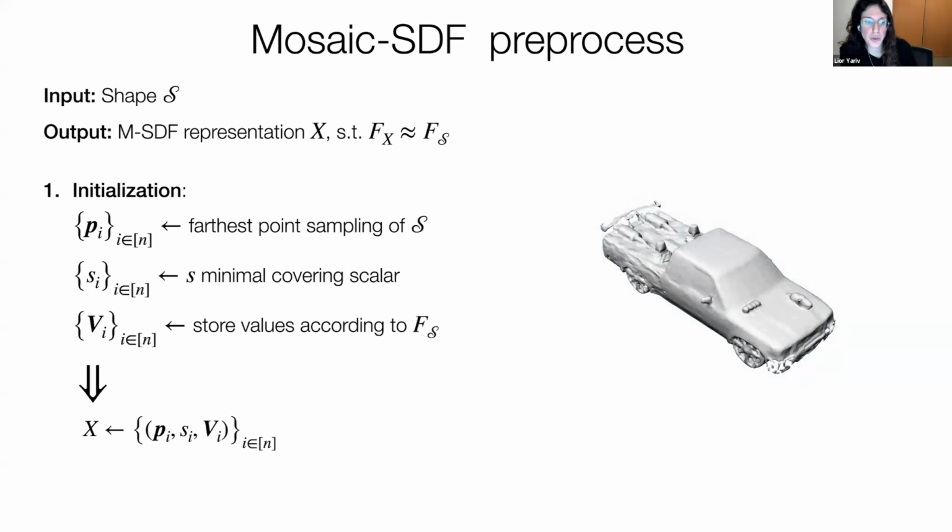However, if you evaluate what the zero level set of this representation looks like, this is what you get. It is somewhat similar to the initial curve, but it's not a very good approximation like we have in the goal.